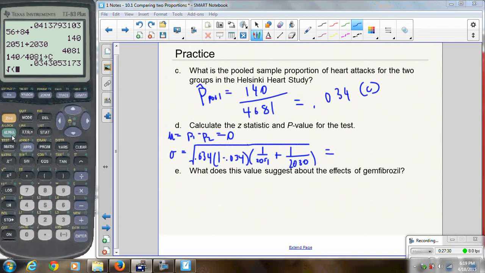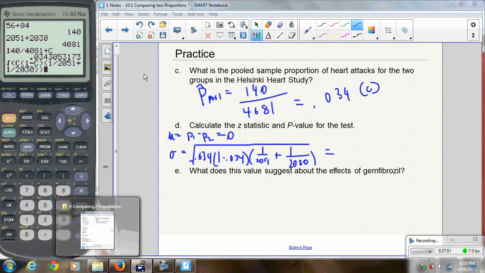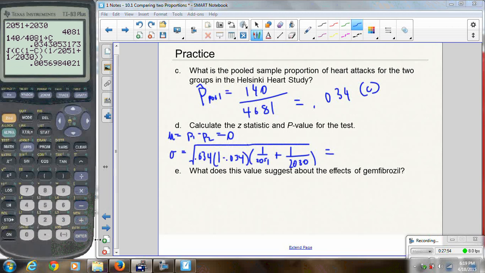I'm going to have alpha C times 1 minus alpha C. And then I'm going to have 1 over 2051 plus 1 over 2030. All right. So my standard deviation is about 0.0056 or 0.006, and I'm going to store that in letter D.